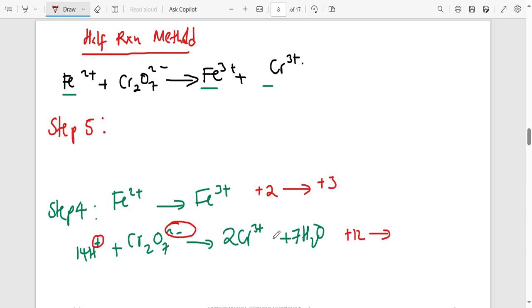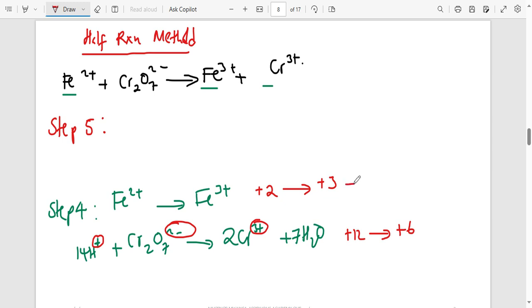And then on the product, you have positive 3, but remember there is a 2 in front, so that is going to give us positive 6. Water doesn't have any charge. So to balance the charge, we want to determine which side to add electrons. Remember what we said, you always add electrons to the side that has the bigger number.